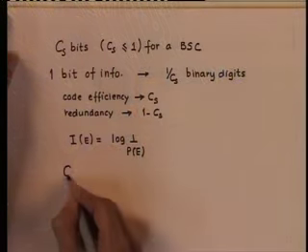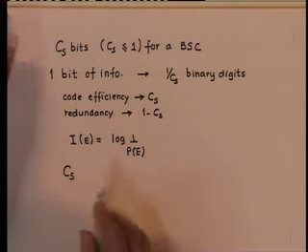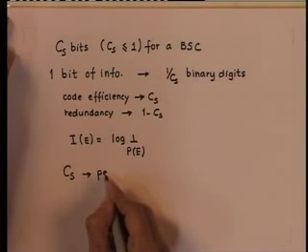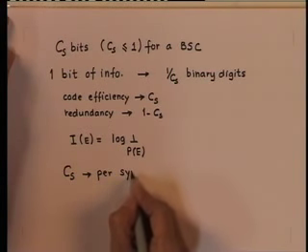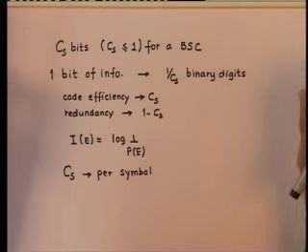Hence, the only way to ensure that this whole speculative structure is sound is to verify it. So, if we can show that Cs bits of error-free information can be transmitted per symbol over a channel, then the verification will be complete.